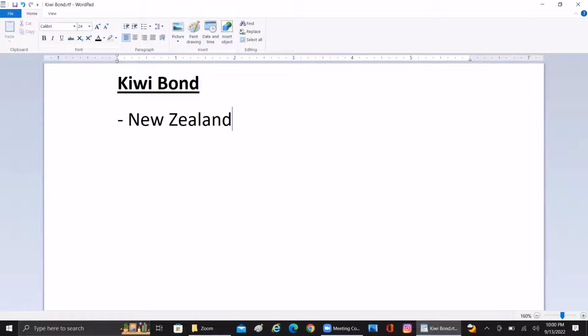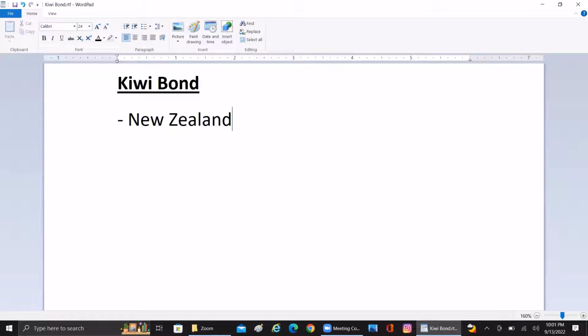So, since this native bird kiwi is from New Zealand, you must be thinking how the Kiwi bond is related. Kiwi bonds are specifically available for New Zealanders. It is a government-issued fixed income security.